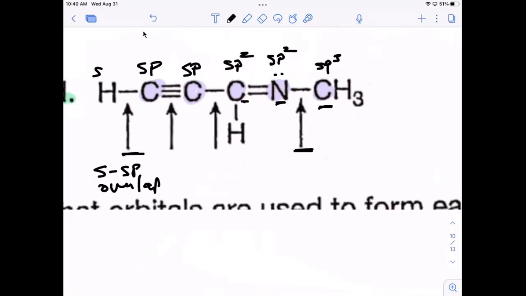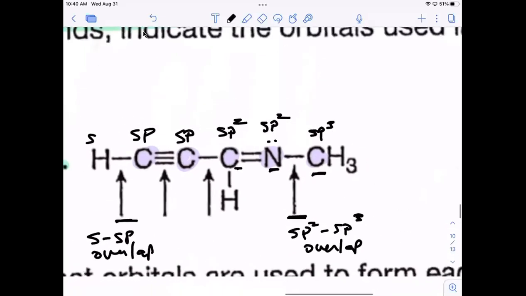So what's happening with that bond right there? sp2, sp3 overlap. Good. Now what about here between the carbon and the nitrogen? These two. It was already written out, but it's sp2, sp2 overlap. Is that right? Yes.